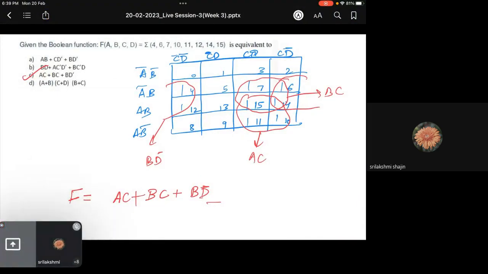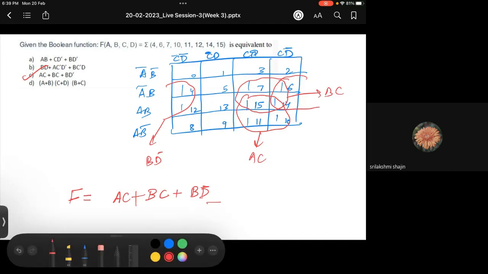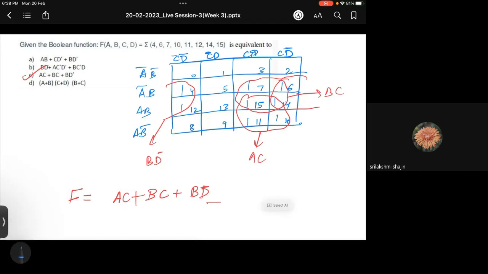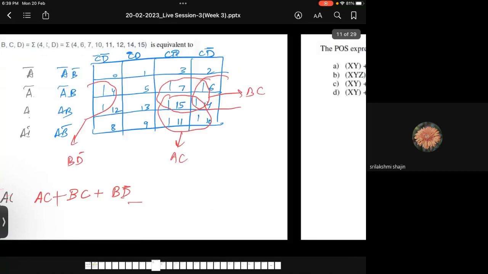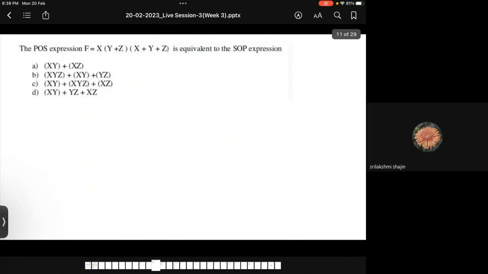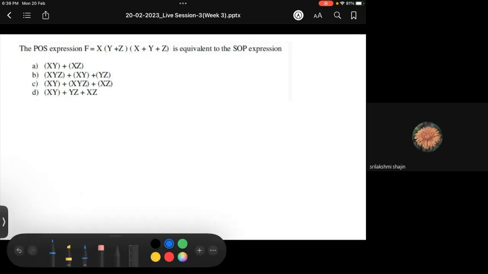So yeah, this is what we were doing. This is one of the other basic questions, so you can try it till I'm trying to join from my other screen. You can try this one.